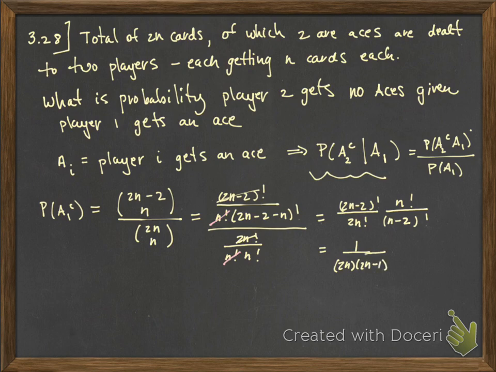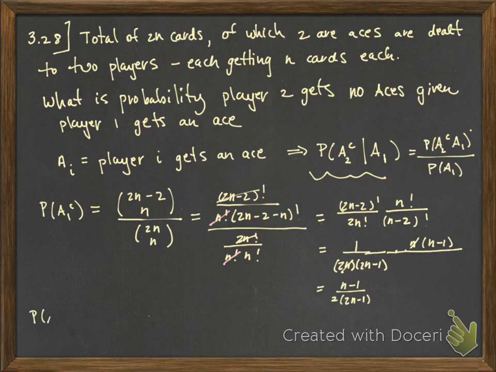Right, and then the (2n minus 2) factorials cancel out, times n minus 1, because it cancels with the (n minus 2) factorial. So then we have that n cancels with that one, and we have (n minus 1) over 2 times (2n minus 1). All right, so that's the probability that A1 doesn't get any aces.